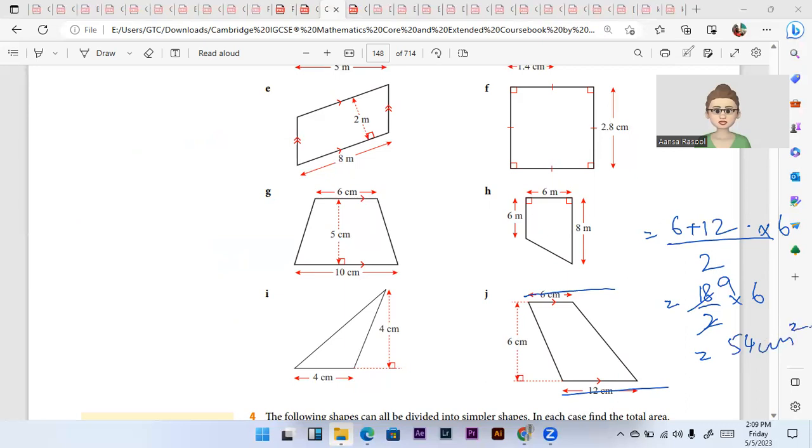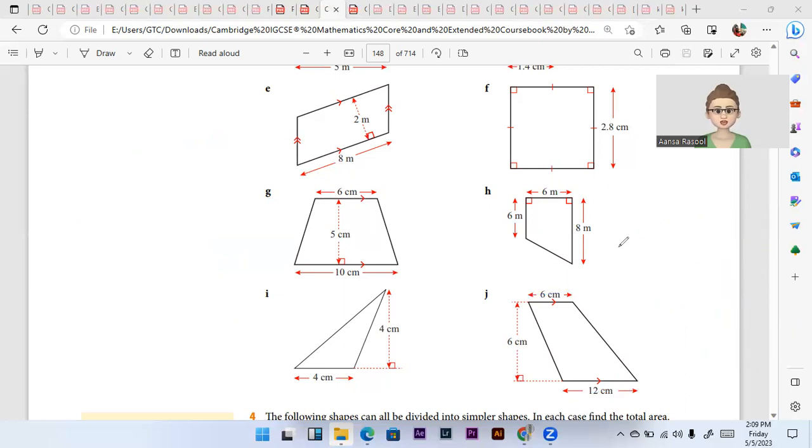There are many ways to solve a geometry question. There is not one specific way. So if you don't remember the formula, you can also just split this shape. If you split this shape, you get one rectangle and one triangle.